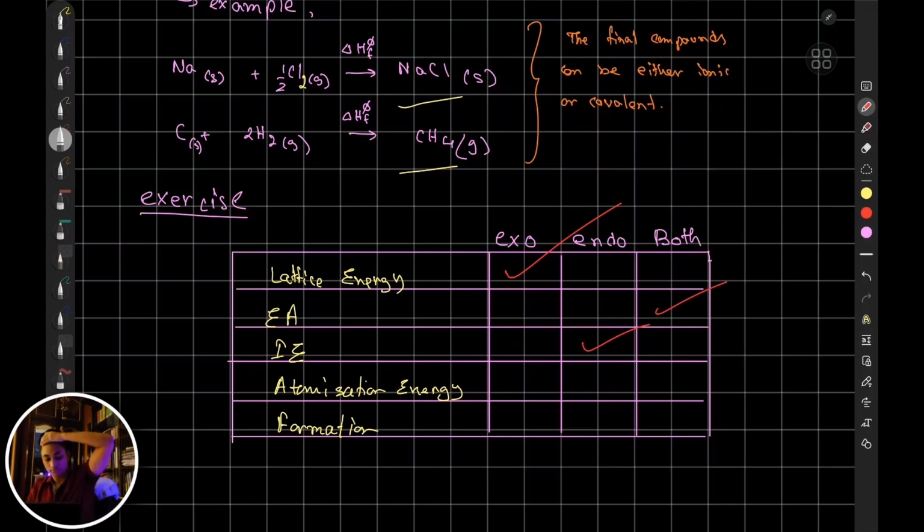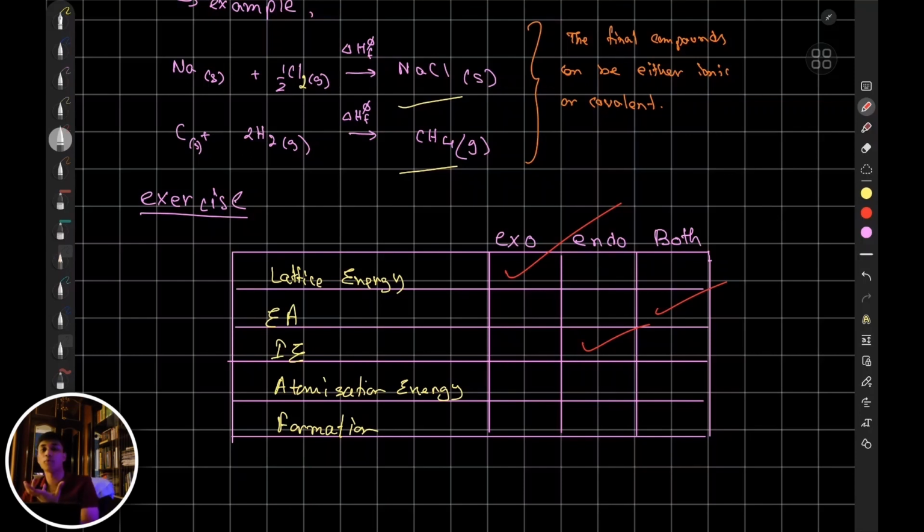Atomization. For enthalpy change of atomization, what's happening? You're taking, let's say, solid sodium and turning it into a separate sodium atom in gaseous state. What's happening then?